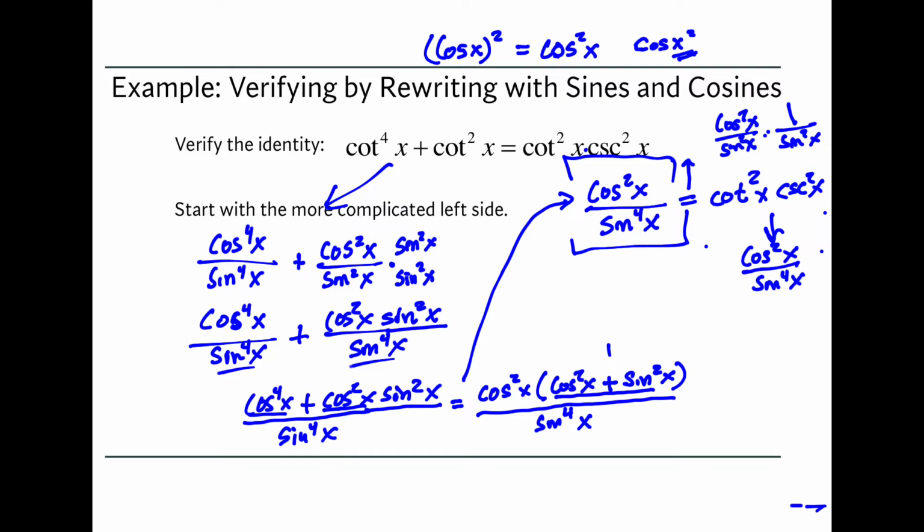I can break this into cosine squared x over sine squared x times 1 over sine squared x, and this you could put as times 1. So see how this could be written as cotangent squared x times 1 over sine squared, which is cosecant squared x.